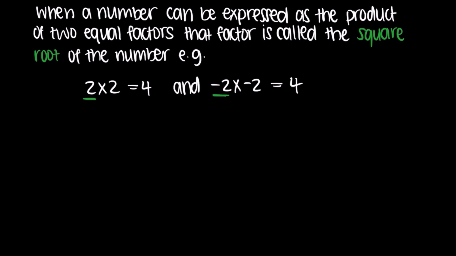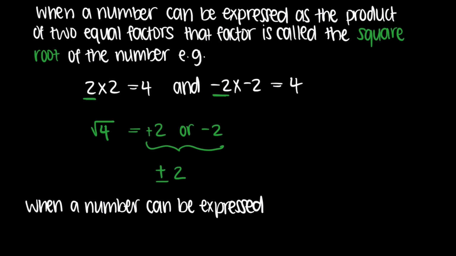This equals 4. Thus, we say the square root of 4, square root being symbolized as such, is positive 2 or negative 2, since they both, when multiplied by themselves, give 4. Notice, we can shorthand positive 2 or negative 2 with this plus or minus symbol. So this just means the answer is plus or minus 2.